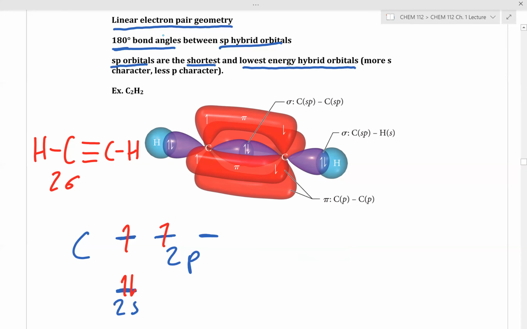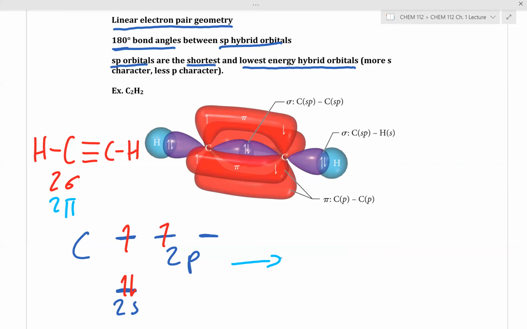So this carbon atom needs to form 2 sigma bonds, and this is part of the reason why this carbon hybridizes. How many double bonds or triple bonds? How many pi bonds does this form? 2. Okay, so we have our marching orders. I need 2 half-filled orbitals, and to form these pi bonds, I need 2 half-filled what kind of orbital? P orbital, right?